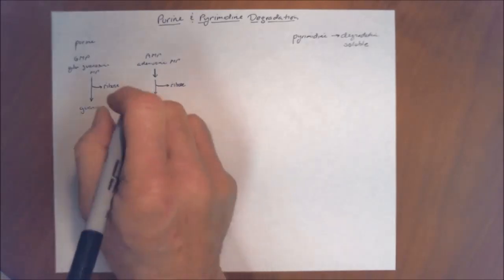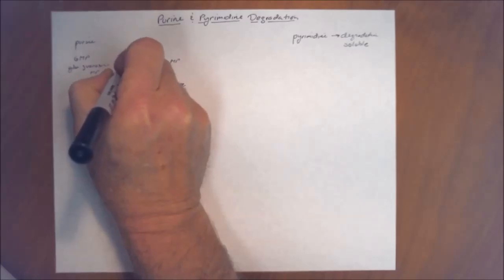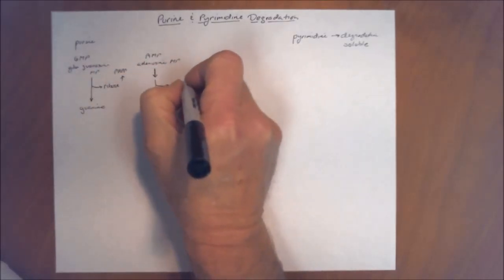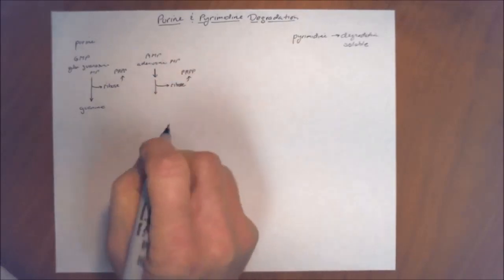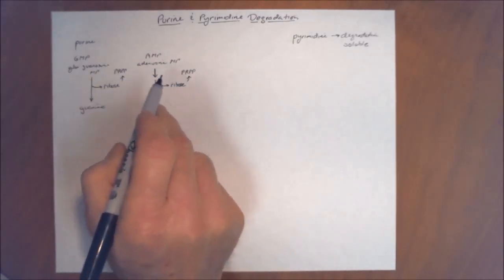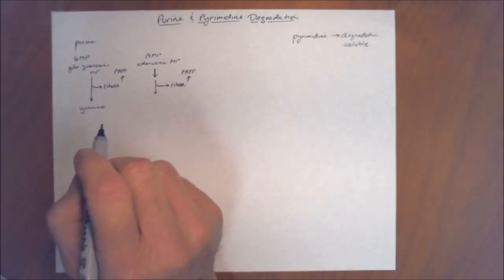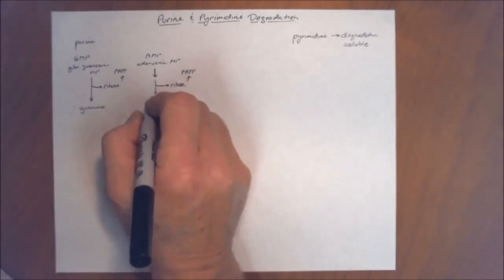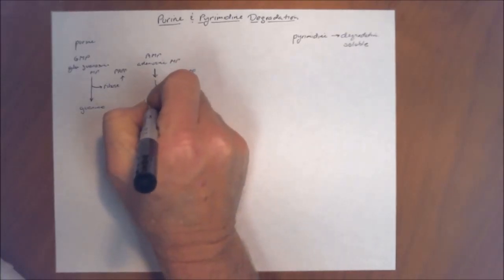The ribose carbohydrate, of course, can be recycled into PRPP and reused again for nucleotide synthesis. Now the product of AMP degradation, we are going to take this down to the molecule called hypoxanthine.